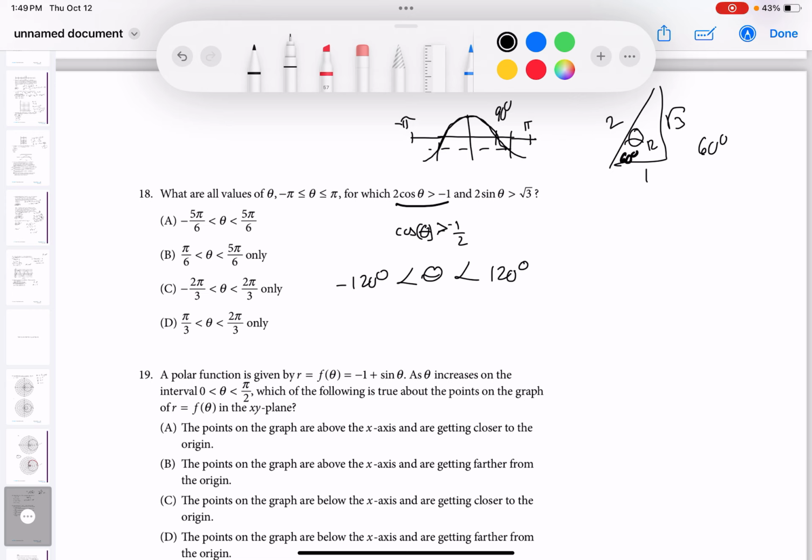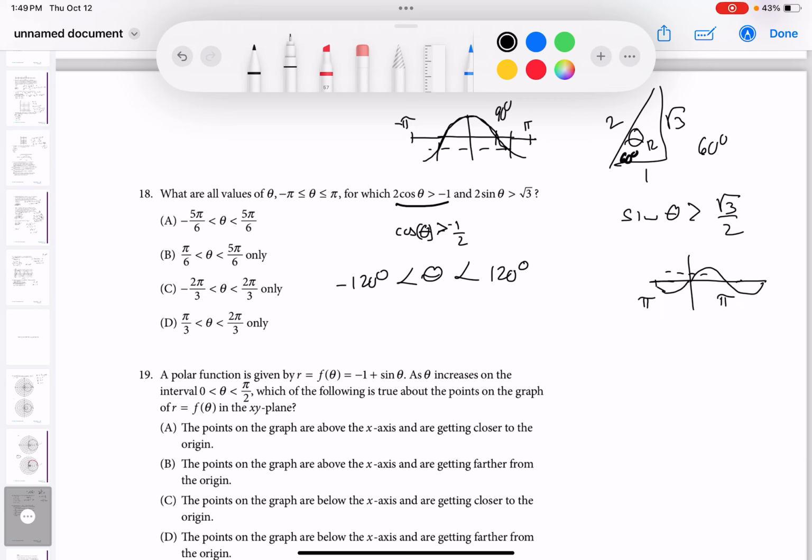Let's do the next one. The sine of theta is going to be greater than root 3 over 2. Well, isn't that convenient? That's still going to be a 60-degree triangle. Let me get a better picture here of the sine function. It looks like this over here. Again, I've got to stick between minus pi and pi.